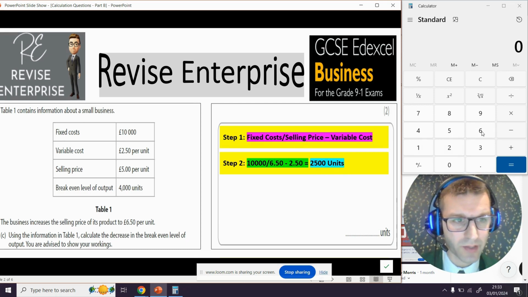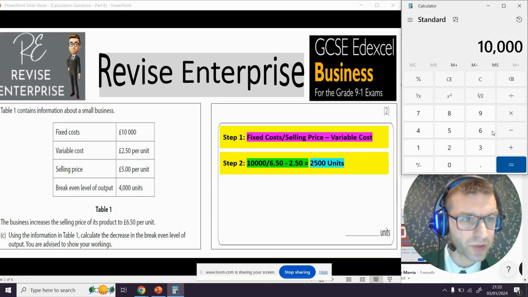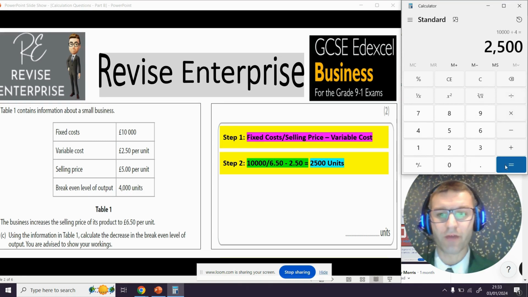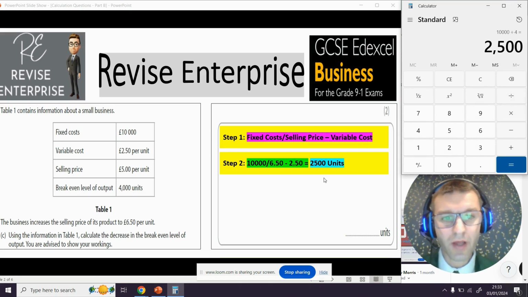Now I've got the calculator up. So if you're in your exam, you would do £6.50 minus £2.50, which of course should give you 4. And then if you divide that by 10,000, so we do 10,000 divided by 4, we should get an answer of 2,500 units. So as we can see now, the business has to sell fewer units in order to break even.